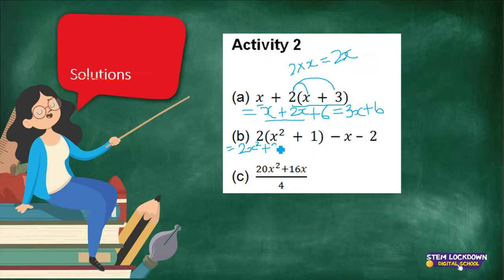Okay, that is simple, right? Even your little brother can do 2 times 1, or the little sister or friend. Now obviously you now have negative x and negative 2. Now this step we need to basically add or subtract like terms.